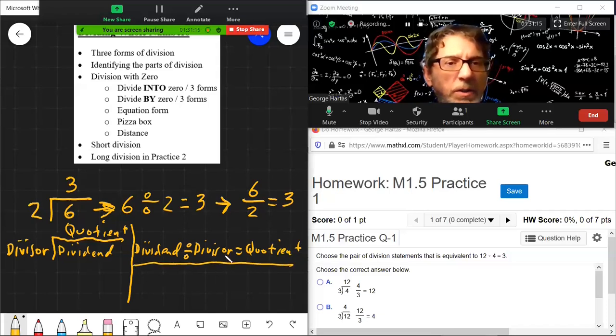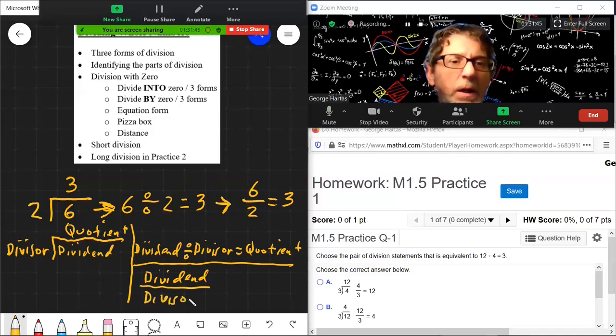Okay, so this belongs to that format. And then over here, the 6 represents the dividend. We're dividing into the dividend. The 2 represents a divisor. We're dividing by the divisor. And the quotient is the answer.